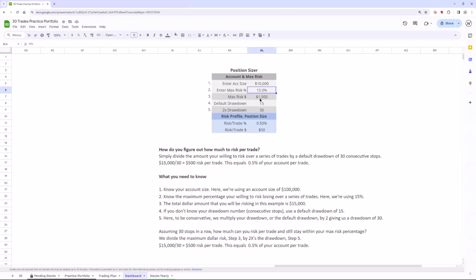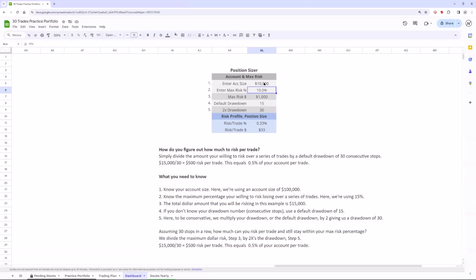Over a series of trades, I'm willing to give up $1,500 of my $10,000. Or if that's a bit much for you, you might want to drop this down. I generally live at 10 most of the time. I've upped it this year. So if you enter your risk tolerance at 10%, which is pretty conservative, that will give me $1,000. That's it.